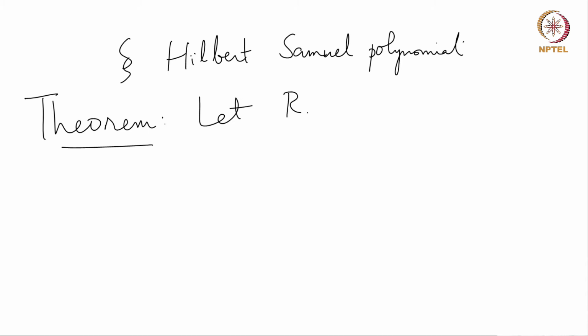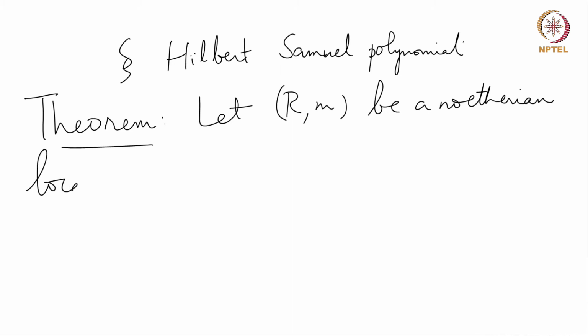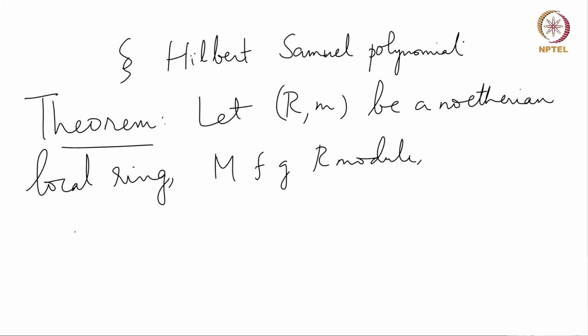Let (R, m) be a Noetherian local ring, M a finitely generated R module, I an m-primary ideal. Remember, saying that the radical of I is a maximal ideal is the same thing as saying it is primary to that maximal ideal. So we often just say m-primary ideal.